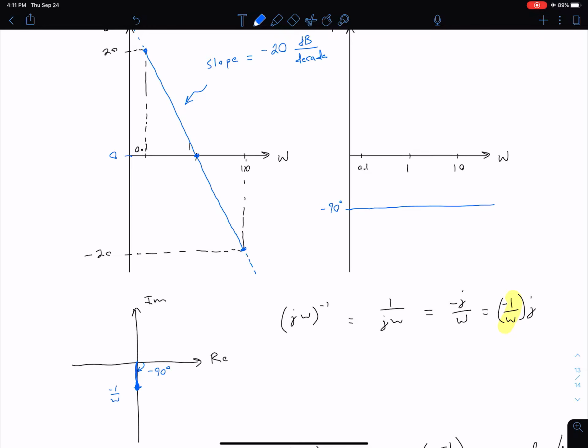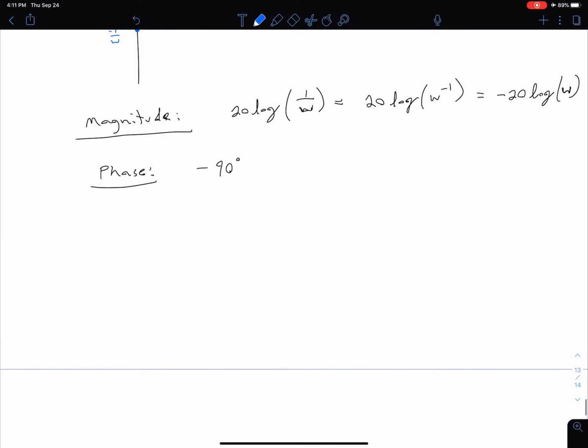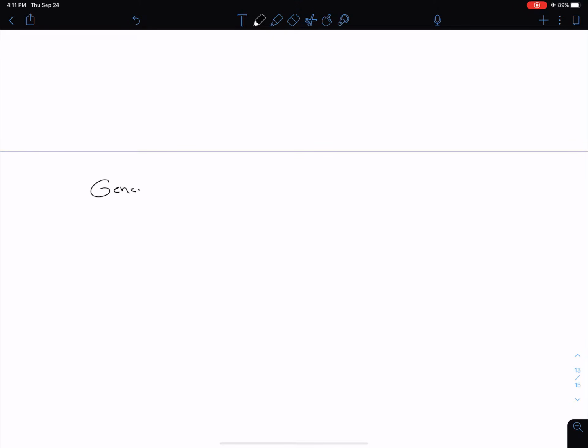So we can generalize this and say, well, what if we had, instead of j omega to the 1, let's say we have j omega to the n. So generalize and consider j omega to the power of n, where n is just an integer value. So this already encompasses the two cases we've looked at, right? Because 1 and negative 1 are both integers.